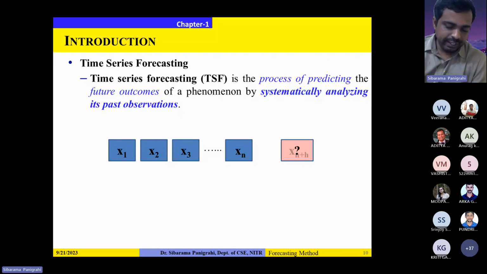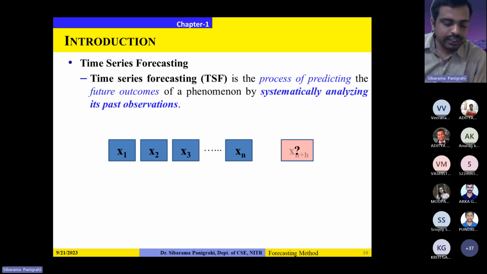Here xn+h is called the forecasting horizon. If h equals 1, it means by analyzing x1 to xn, we will predict xn+1. This is called one step ahead forecasting. And when h is more than 1, that is called multi-step ahead forecasting.